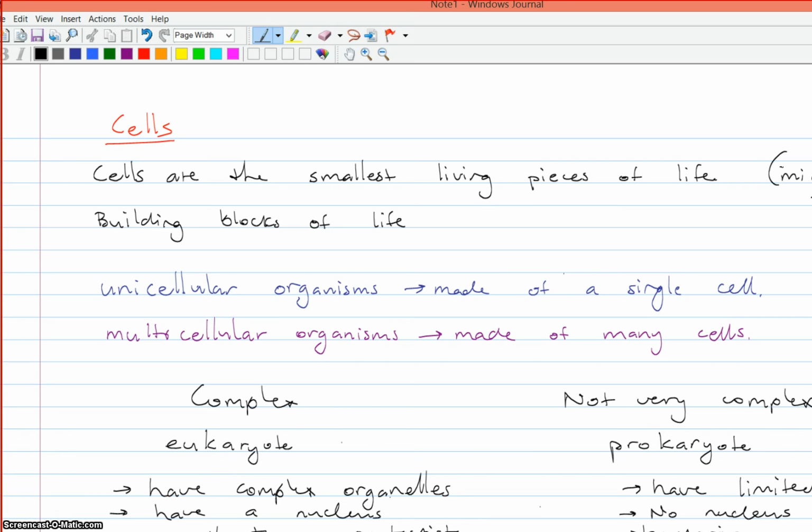And cells are basically divided into two broad categories. We have not very complex cells, which are called prokaryote, which means they have very limited organelles, no nucleus, and this is mainly made up of bacteria. So bacteria are an example of something with a prokaryote cell. And we have more complicated cells, which are called eukaryote. So these have complex organelles, which we'll talk about. They have a nucleus. So plants, animals, fungus, and Protoctista all have eukaryotic cells.